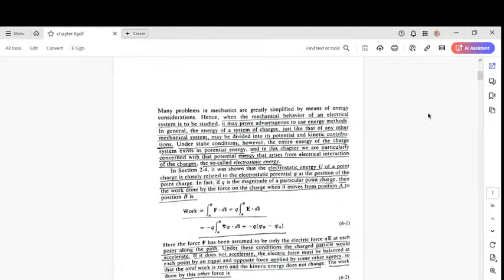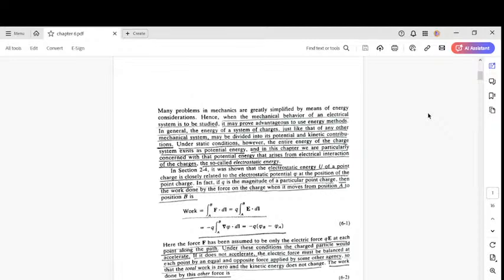No kinetic energy will be involved over here. And in this chapter, we will particularly concern ourselves with the potential energy that arises from electrical interaction of the charges, the so-called electrostatic energy.